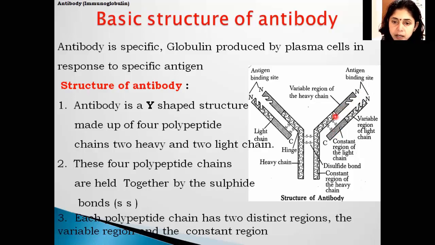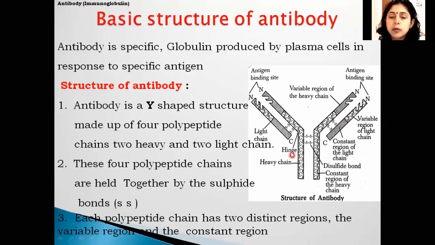In the heavy chain also, this is the constant region. In the light chain also, this is the variable region and this is the constant region. Here it is labeled properly, constant region and variable region.